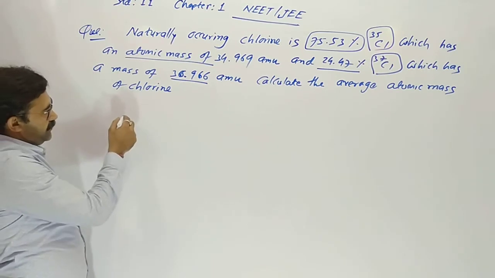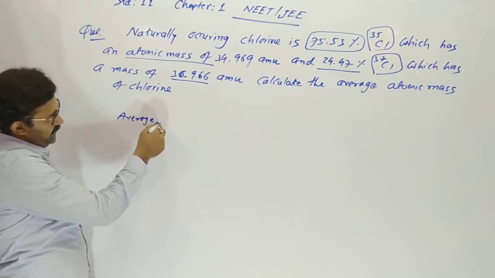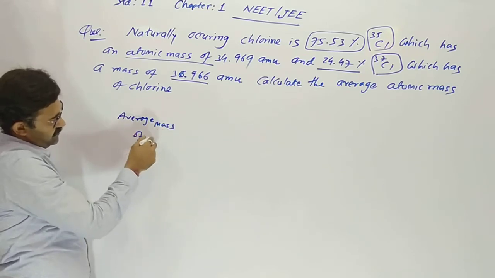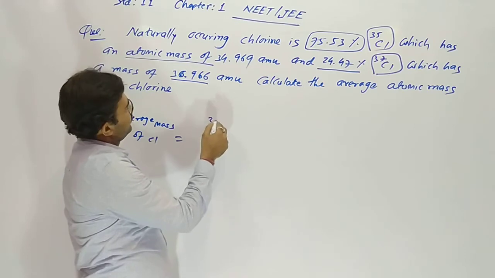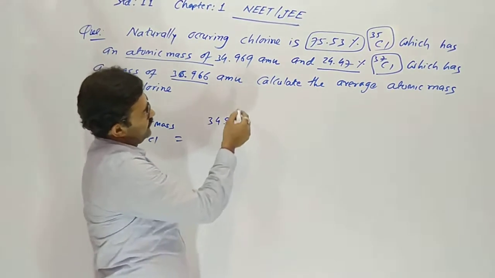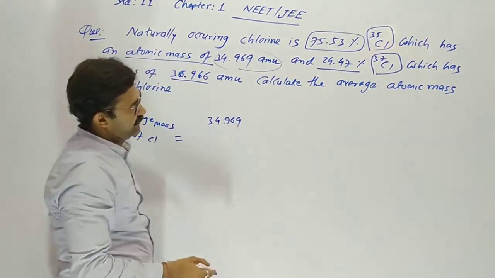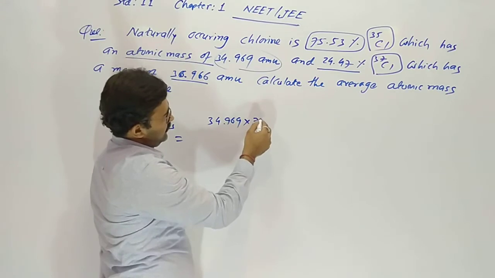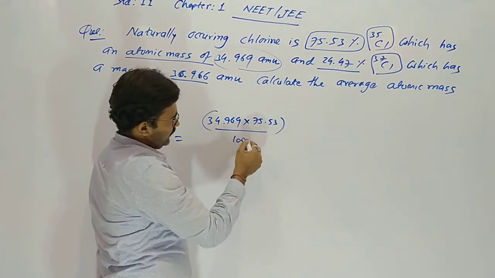In this type of question, for getting the average mass of chlorine, 34.969 amu has a percentage of 75.53%, so multiply by 75.53 and divide by 100.